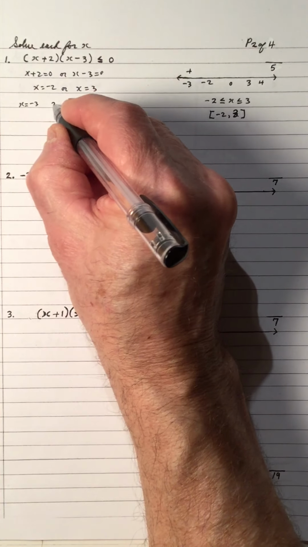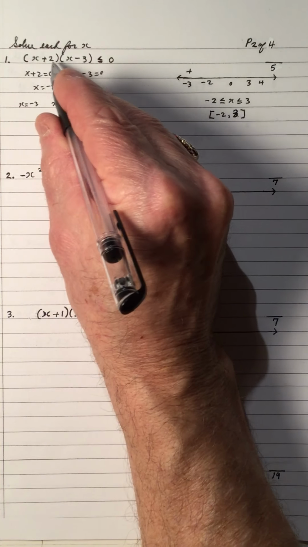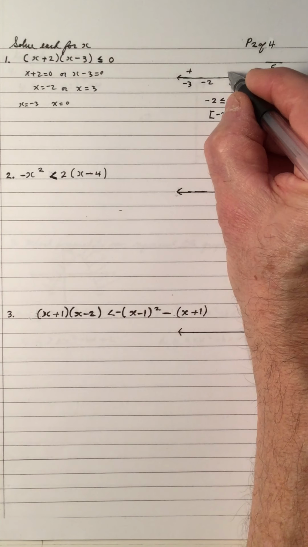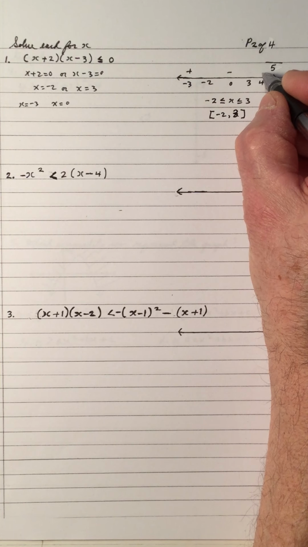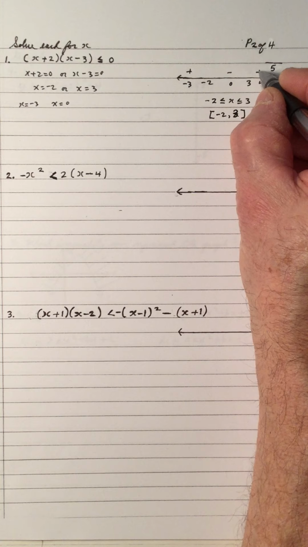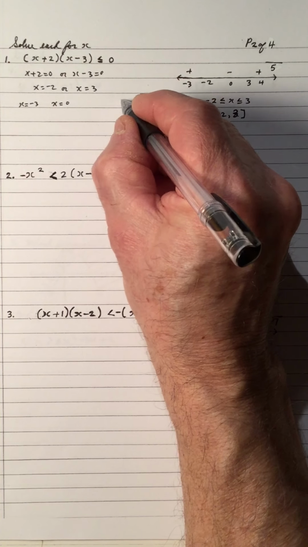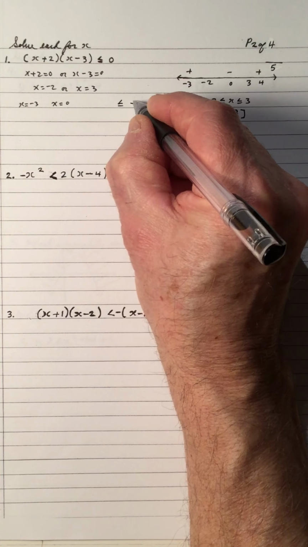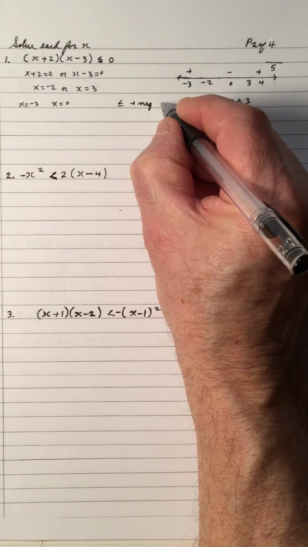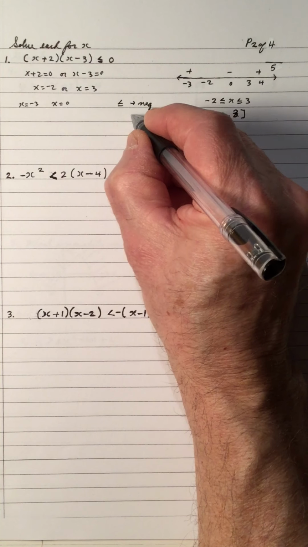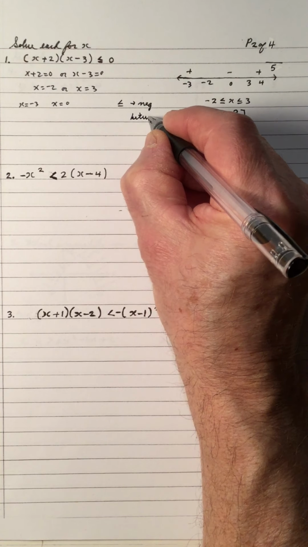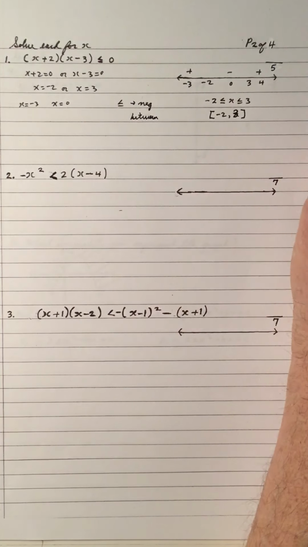If you took the 0 and subbed it in and multiplied, you would get a negative. And if you plug the 4 in, you would get a plus. Less than or equal to is the negative, and the negative is going to be in between all the time.